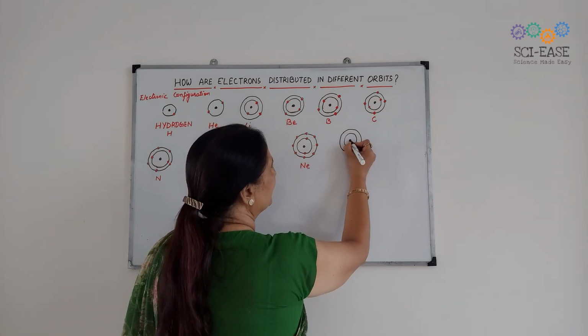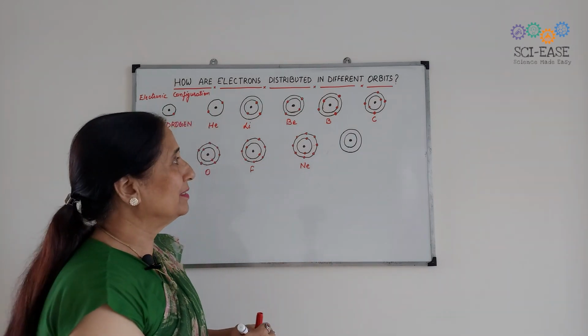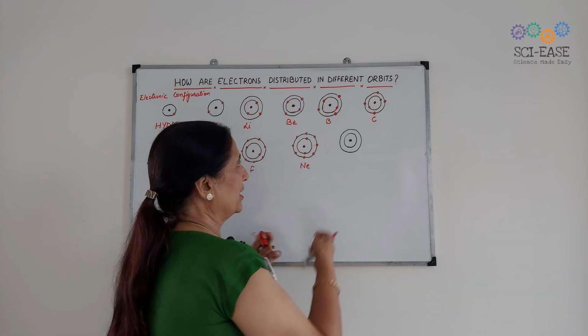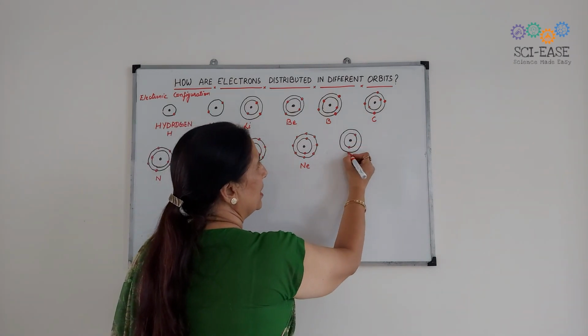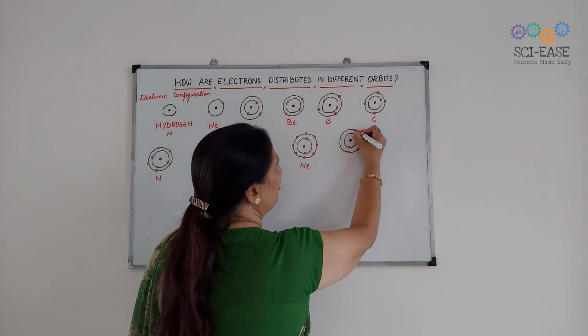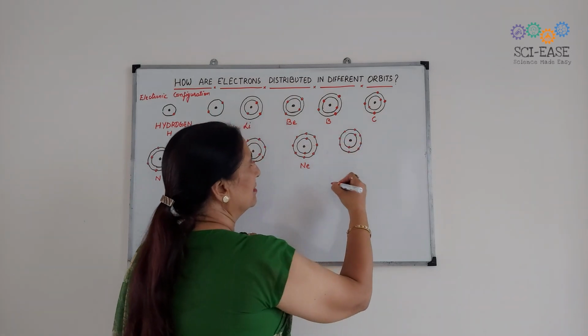Protons are present in the nucleus, so there are 11 protons in the nucleus. Now start filling it. 1 and 2, maximum number. 1, 2, 3, 4, 5, 6, 7, 8.